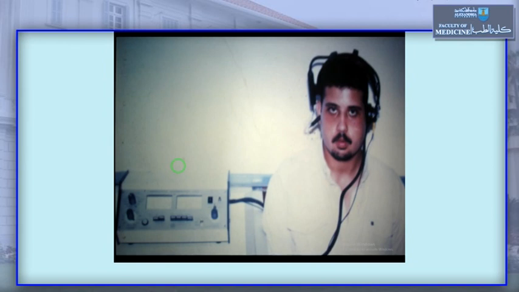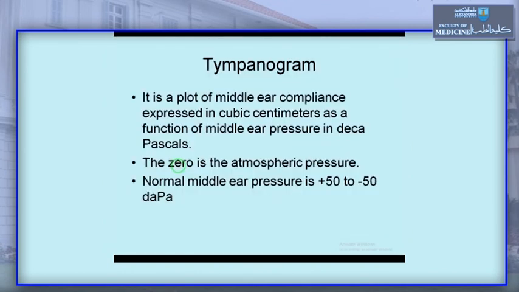But I will tell you that this machine or instrument gives us two pieces of information regarding the middle ear function. The first piece of information is what is the compliance of the middle ear. Compliance means how easy the sound is transmitted through the tympano-ossicular chain.